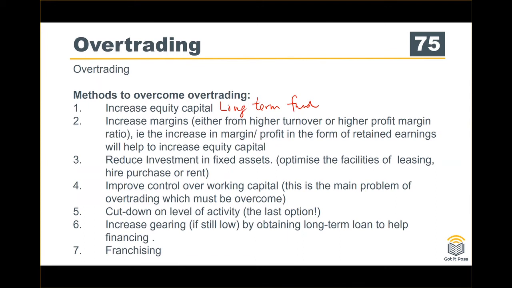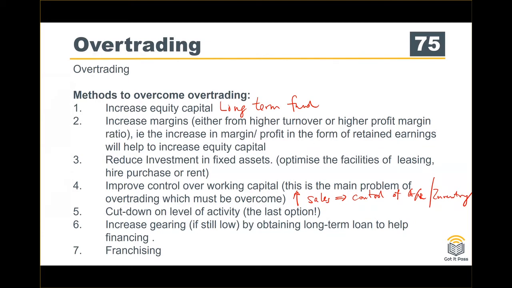And improve control over working capital. For example, if you increase the sales, be cautious of the credit terms granted to your customers, because when you increase the sales, it doesn't mean you need to increase your AR. Maybe you have to tighten the control of account receivables and inventory.